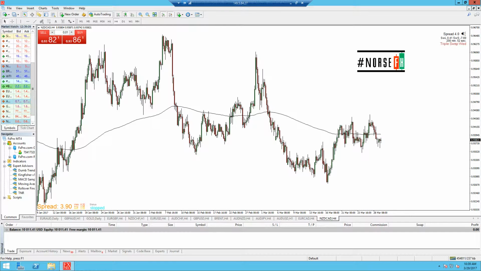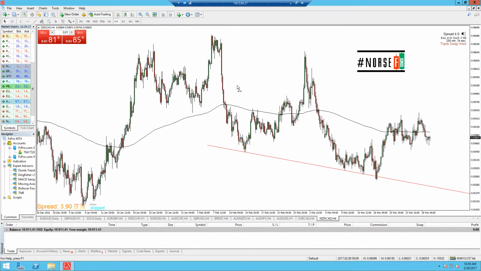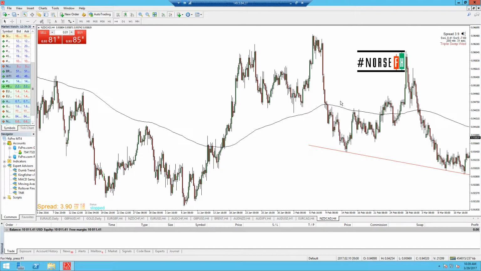So how this EA works is, the first step is that you have to draw your trend line. Once the trend line is placed, you click on the EA itself. So let's say that we are looking at this and we want to buy if there's a fourth touch of this trend line.